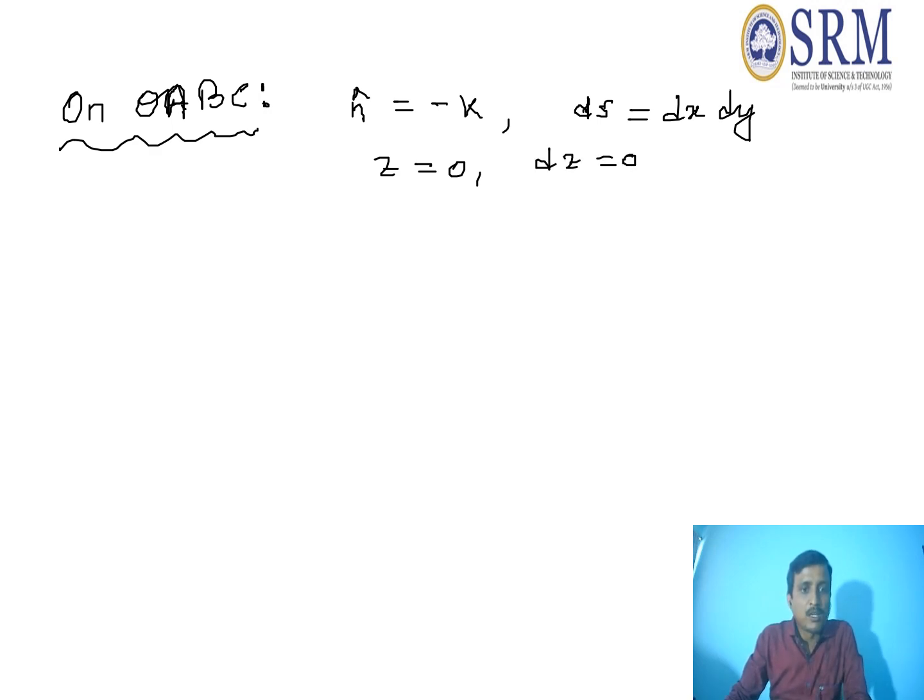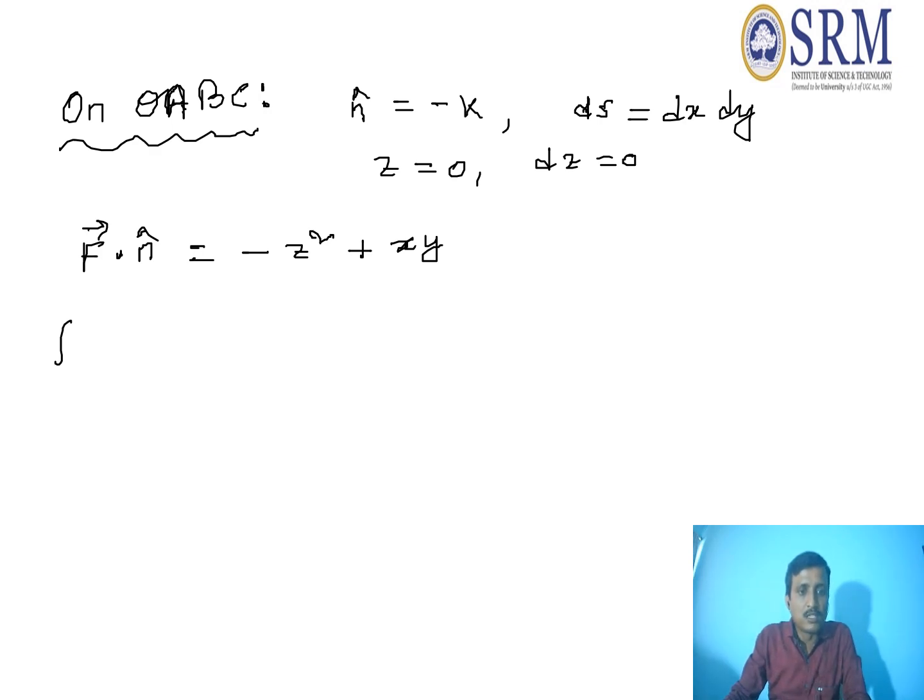Fine. So what about F dot n? You can calculate it here. F is already in your hand, and n is minus k, then it will be the dot product. Do this dot product and you will get minus z square x. Fine.